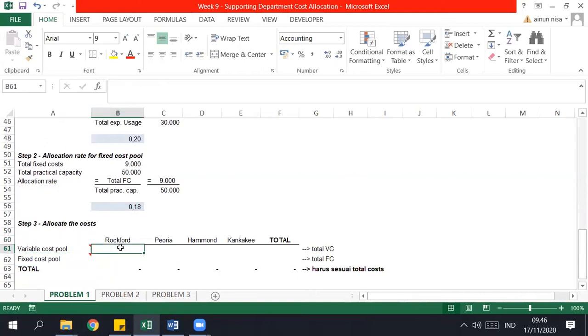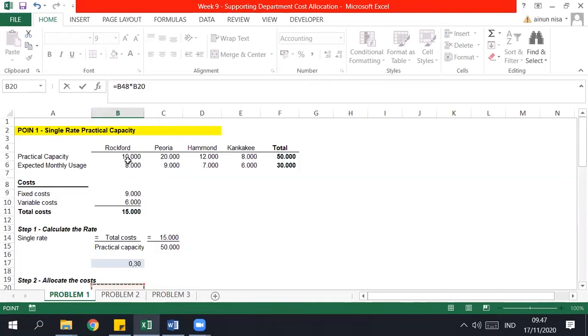For example, for the Rockford department, it is 0.2, the variable cost rate, times the expected monthly usage of Rockford, which is 8,000.